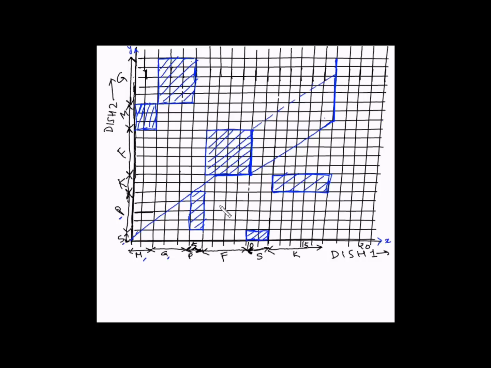Now the simple way to measure the overall duration of a path from the graph is to first take the total horizontal distance covered. So in this case we have 17 as the maximum horizontal distance. So 17, and then add to it the total vertical distance covered by a path.